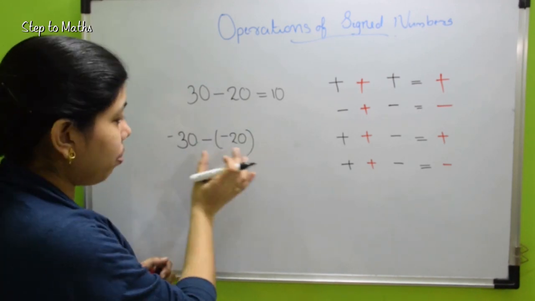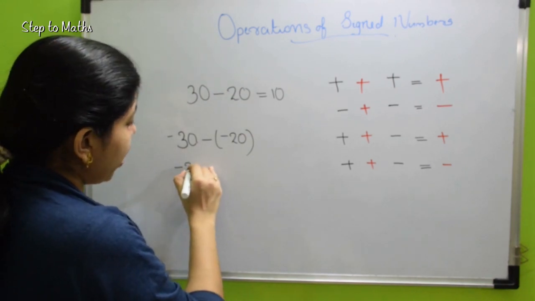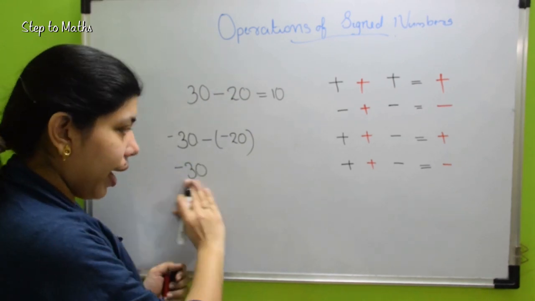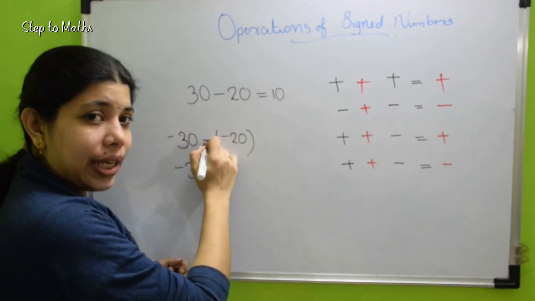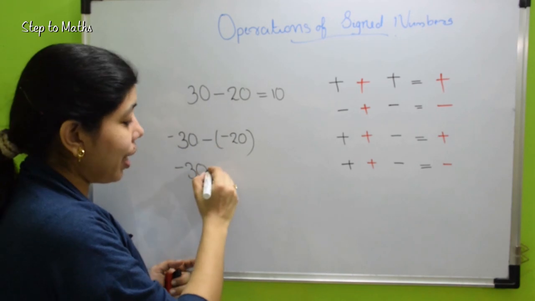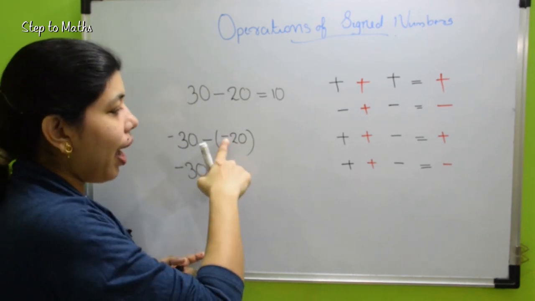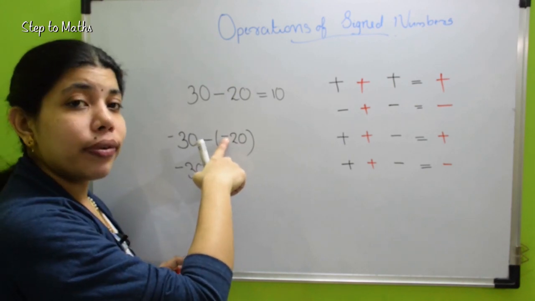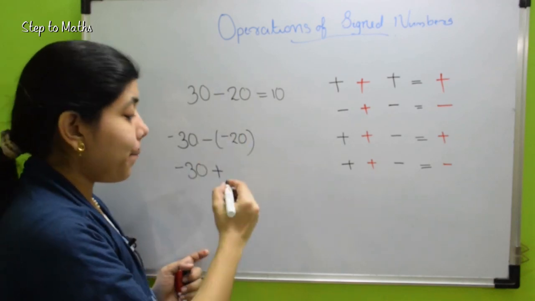That means two numbers are negative. First, we write the first number as itself and change the subtraction sign to an addition sign, and then change the sign of the second number. That is, minus 20 becomes plus 20.